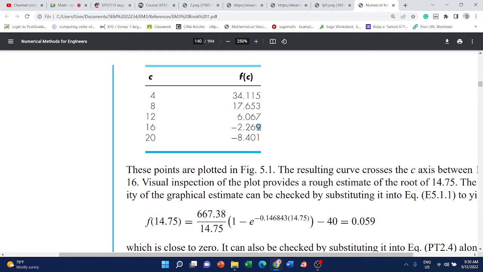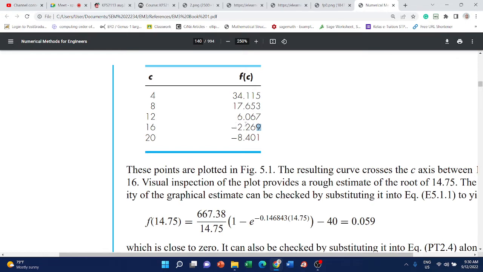Maksudnya f(c) equal to 0 ada dalam interval dari negative 2.269 sehingga 6.067. Correct? 0 ada di antara negative 2.269 until 6.067. True, madam. Understand? Do you get that? Yes.